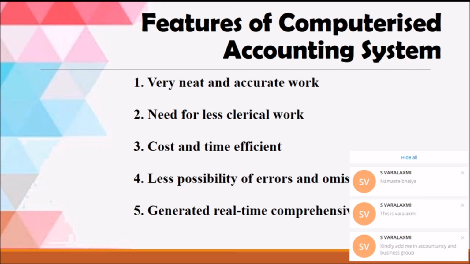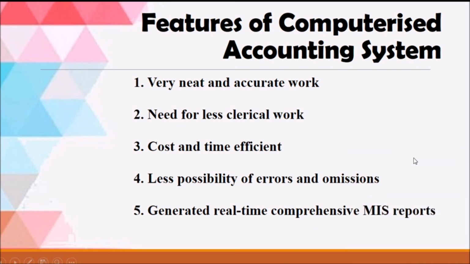Think about all these points. It generates real-time comprehensive MIS reports. We can very easily prepare MIS reports, meaning management information system reports can be prepared on a real-time basis, meaning within limited time we can access it. So these are the features of computerized accounting system.